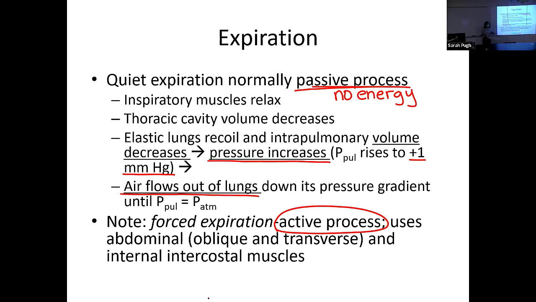You're also using internal intercostal muscles as well. So this is why, when you laugh really hard, you are forcing air out. You ever laugh so hard that you're like, oh, make me stop, you're making my stomach hurt? That's why. It's because when you are forcing the air out, it is using additional muscles. Okay, so a forced expiration is not a passive process. It is an active process.